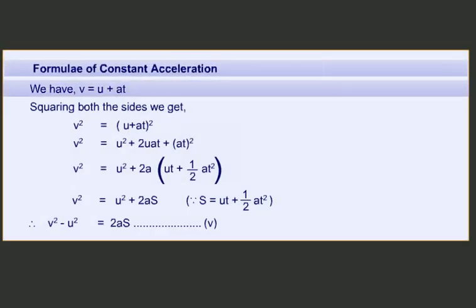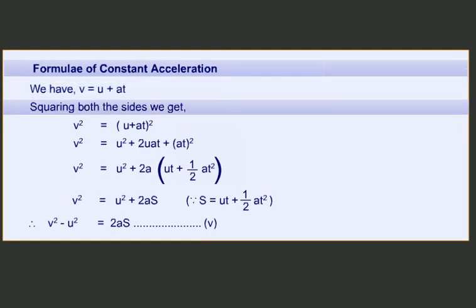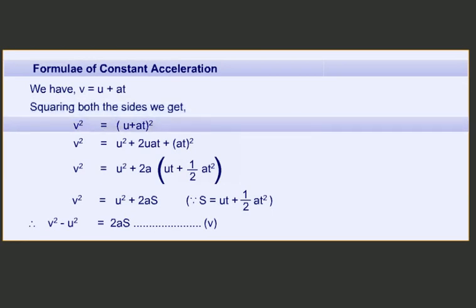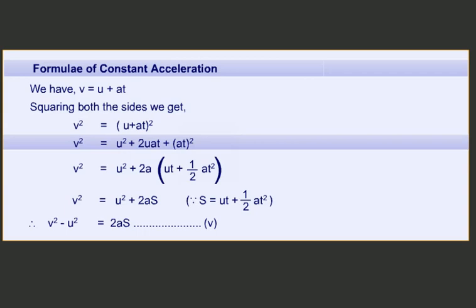Students, we have v is equal to u plus at. Squaring both the sides, we get v square is equal to u plus at whole square. Now, let us expand this relation. In the above equation, u plus at whole square is in the form a plus b whole square, so we employ the formula of a plus b whole square as a square plus 2ab plus b square.